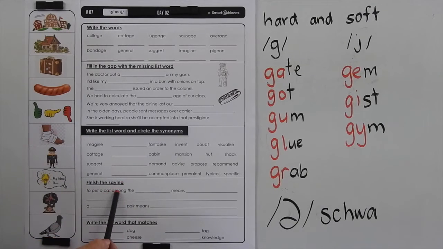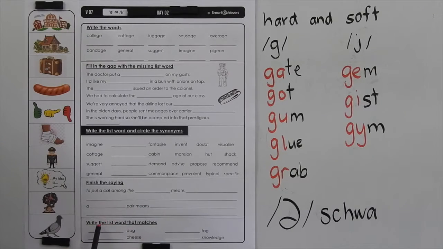Finish the saying: to put a cat among the, so you're going to have the same word in both sentences. So this one means to cause a stir or cause a problem, and a pigeon pair means where someone has both a male and a female child, or a brother and a sister in a family. Write the list word that matches. So we're looking for common word pairs here. So what word from above would go with dog, cheese, tag or knowledge?